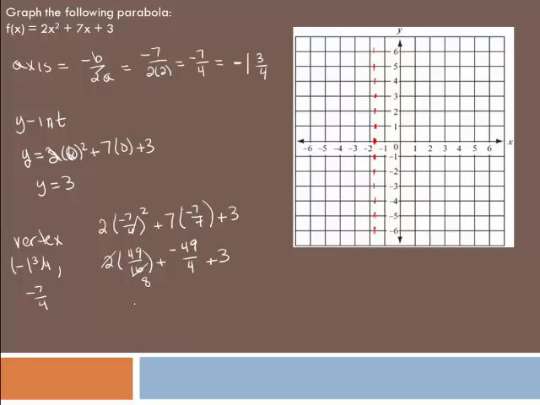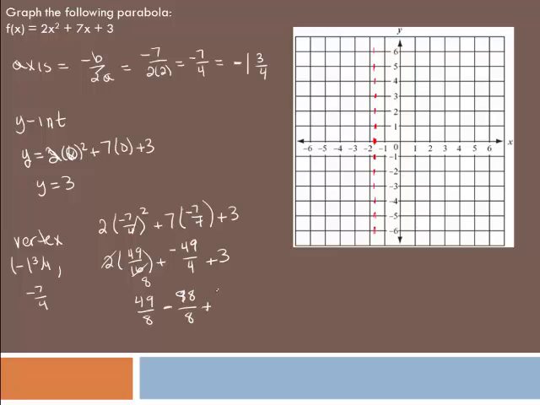16 divided by 2, that's going to give me 8. So I'm going to have 49/8 minus... Now I need to turn this fourths into eighths to be able to add these together. So I'm going to multiply both the 49 and the 4 by 2. And I'm going to get 98 eighths.